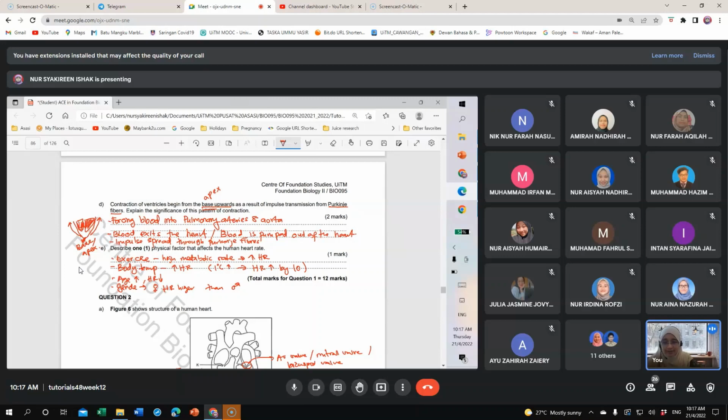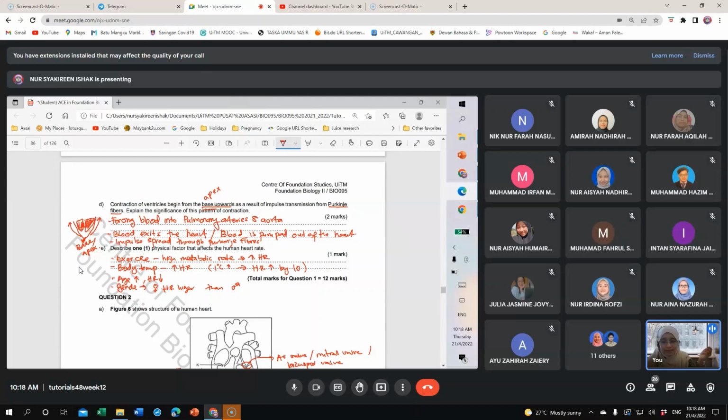Okay, explain the significance of these patterns of contraction. So this is because, as I said before, the aorta and also the pulmonary artery is located at the top of the heart. Okay, so this forces the blood into pulmonary artery and also aorta, to allow the blood to exit the heart, or to allow the blood to be pumped out of the heart.